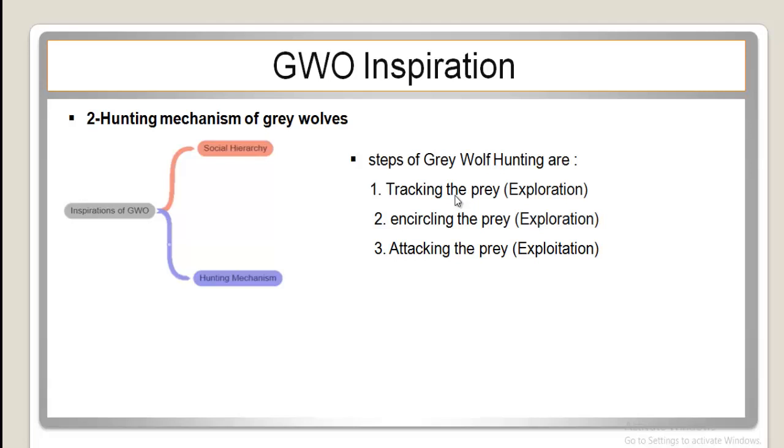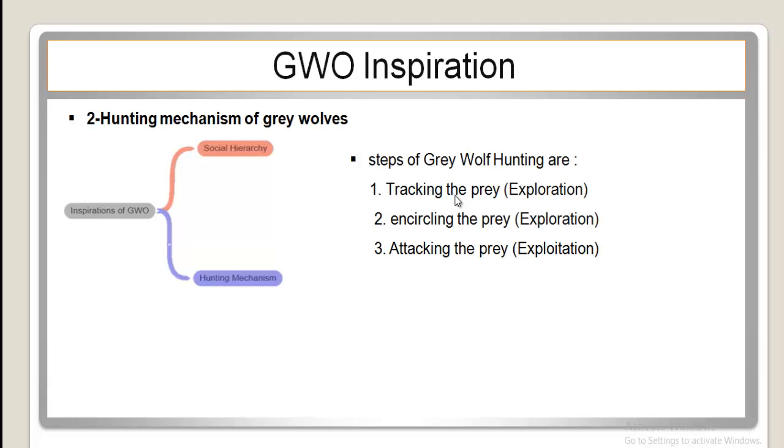The second one is encircling the prey, continuing with exploration characteristics. The wolf often encircles the prey to contain it. Similarly, the algorithm encircles promising solution areas, ensuring a comprehensive search and preventing the escape of any potential optimal solution. And then we have attacking the prey. This is the final step, where exploitation comes into play.